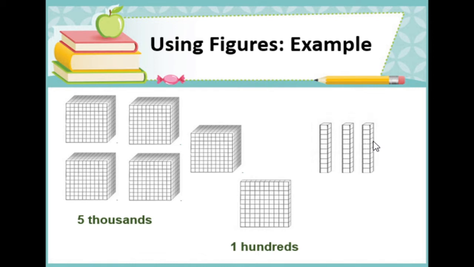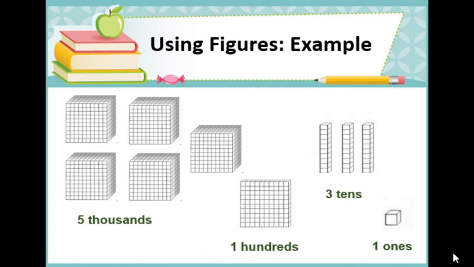How many are there? You have 3 tens. Okay? 1, 2, 3. 3 tens. And let's see if there's more. 1 ones. So in total, looking at these figures, you have 5,000s, 100s, 3 tens, and 1 ones.